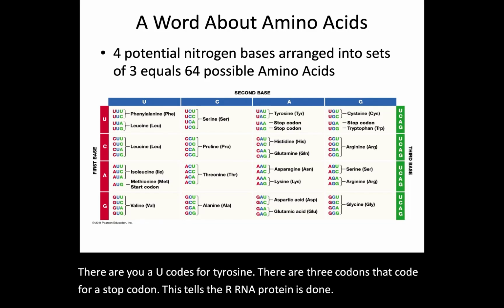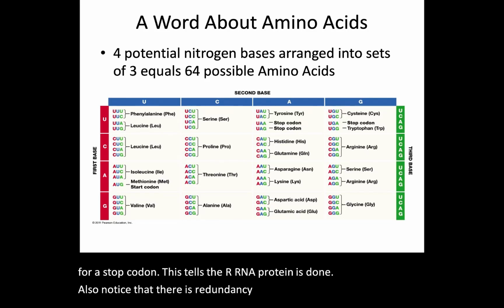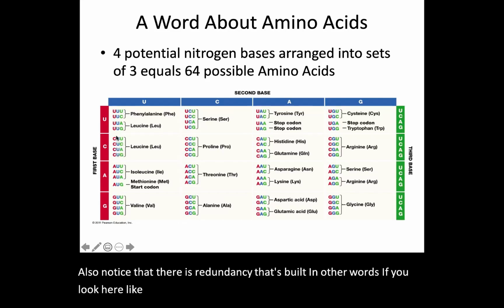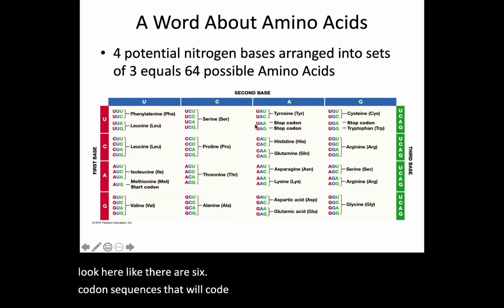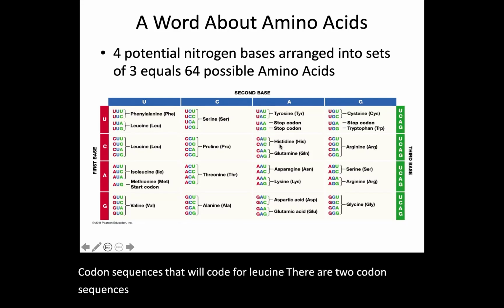Also notice that there is redundancy that's built in. In other words, if you look here, there are 6 codon sequences that will code for leucine. There are 2 codon sequences that will code for histidine. There are 4 codon sequences that will code for threonine.